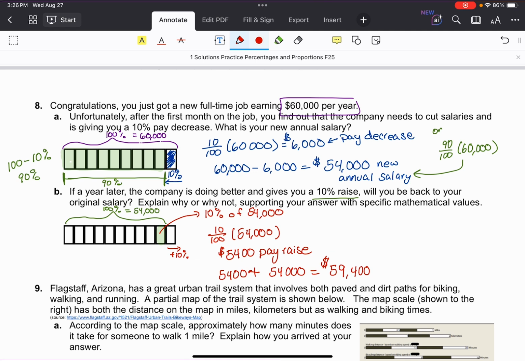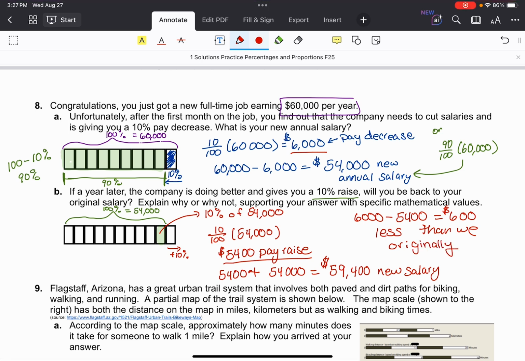So it's $600 less. We can compare this value and this value, and we see that 6,000 minus 5,400 means we are earning $600 less than we originally made.